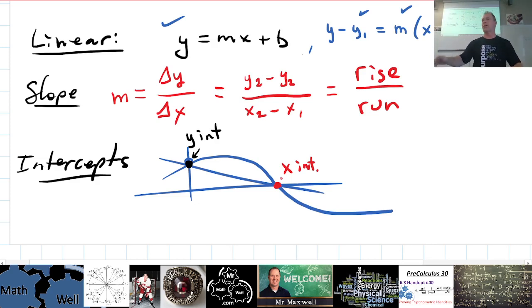If you consider some kind of business model of how much money you make, then your y-intercept might be how much money you make at time zero, or where you start, or how much money you have to spend at time zero before you can make some more. So the intercepts usually correspond to important parts of real-life word math problems, so that's important too.